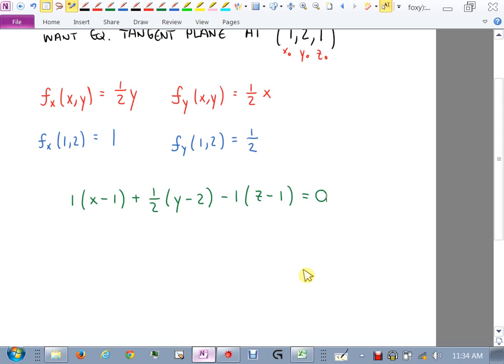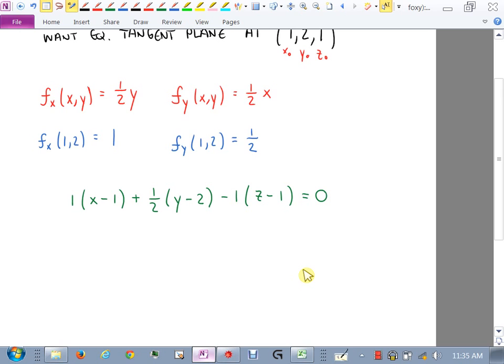Questions? So, this is actually pretty nice because given any surface, as long as it can be written as a function of x and y, and as long as you can take the derivative and it's a nice derivative, then you should always be able to give me a tangent plane anywhere on that surface. Yes.